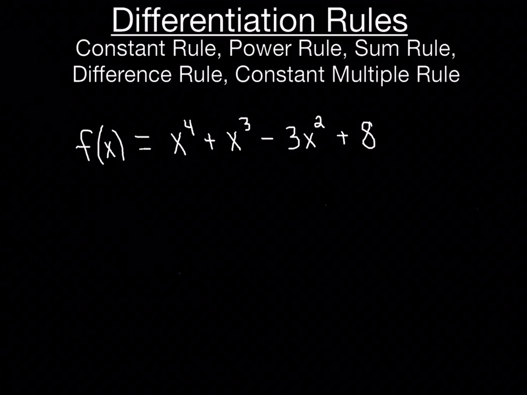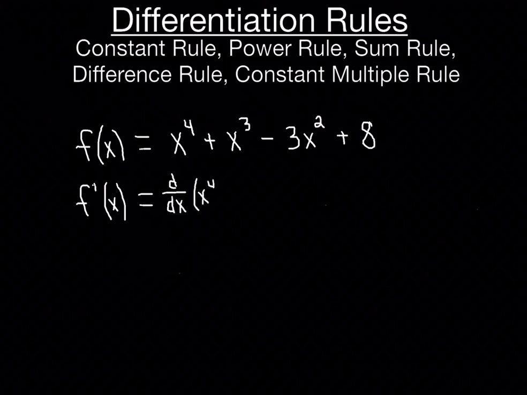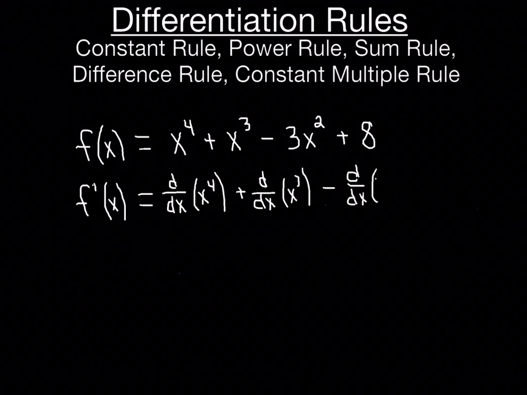So if I have f of x is equal to x to the 4th plus x cubed minus 3x squared plus 8, then what I'm going to say is, well, the derivative, the slope of the tangent line anywhere on this particular function, is going to be, okay, you've got the sum rule, so you've got d over dx of x to the 4th, plus d over dx of x cubed, and then you've got the difference rule, minus d over dx of 3x squared, and then you have plus d over dx of 8.